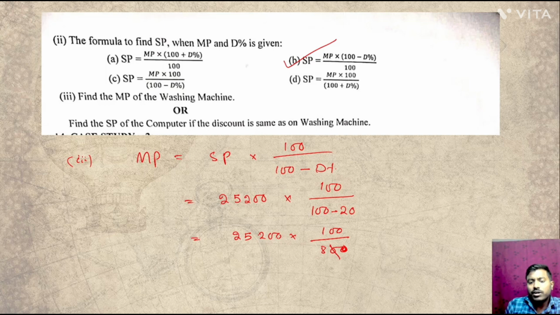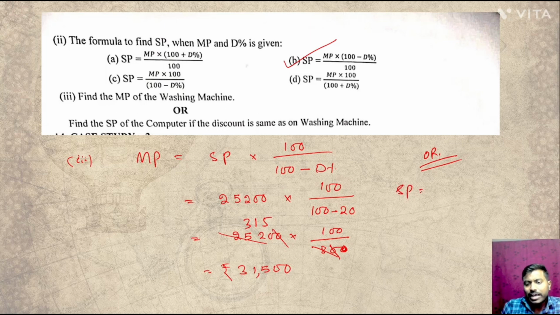Then 10 cancel. 8 3s are 24, 8 1s are 8, 8 5s are 40, that is 31,500 rupees. Okay, the mark price of the washing machine is 31,500 rupees. So our question number third I, find the SP of the computer.